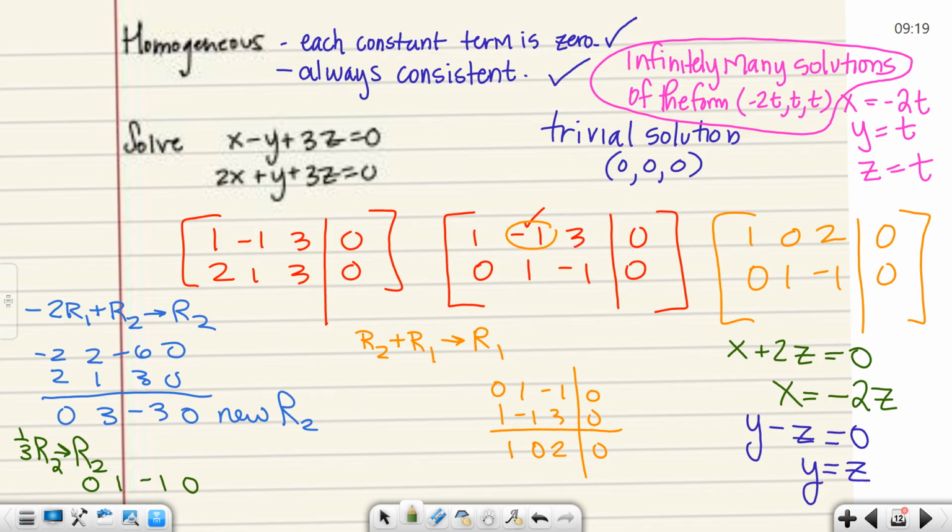It's infinitely many, yes, so you write it with a parameter. Number 13 is not quite as bad as this one because it was already simplified down, but you're going to write it with a parameter. So you would have like x plus 2z equals 0, and then work it down that way. If you need help with number 13, I'll be glad to do that for you. That's the only one that was just a little bit different.